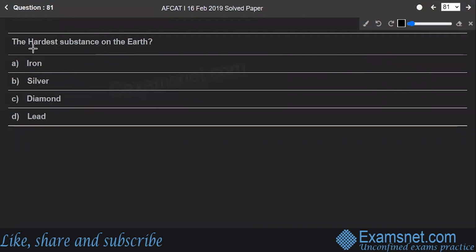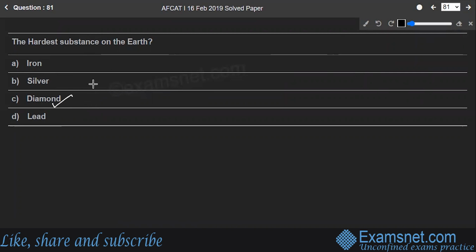Question number 81. The hardest substance on earth is iron, silver, diamond, or lead? Well, I hope you know the answer very well. Yes, it is diamond. Diamond is the hardest naturally occurring substance on earth.